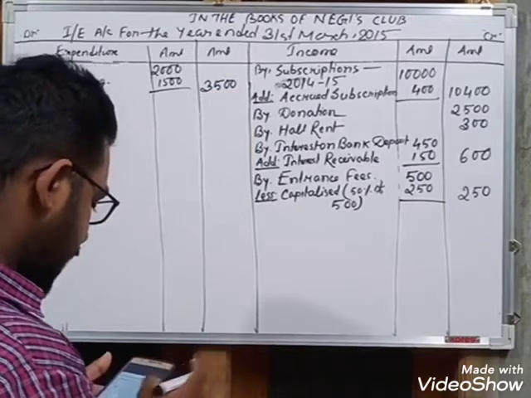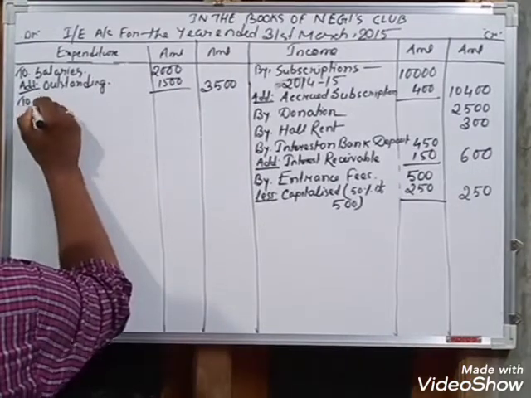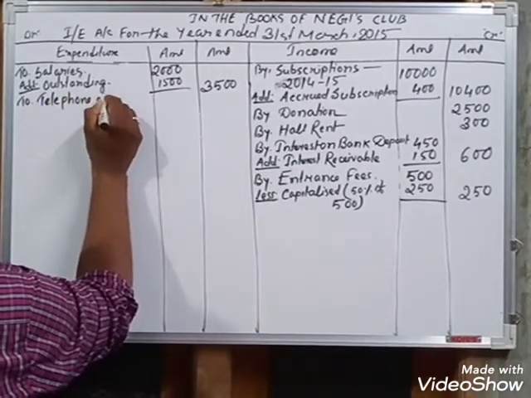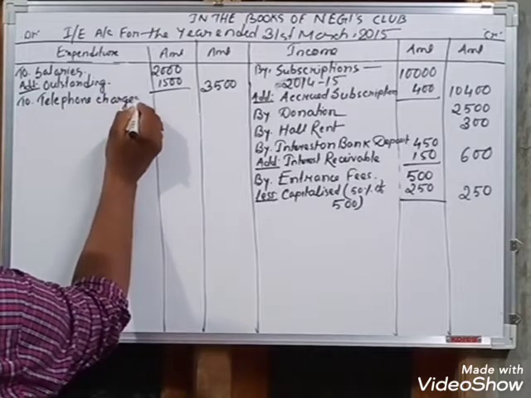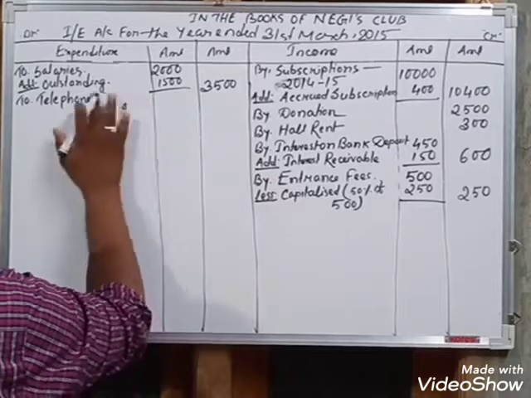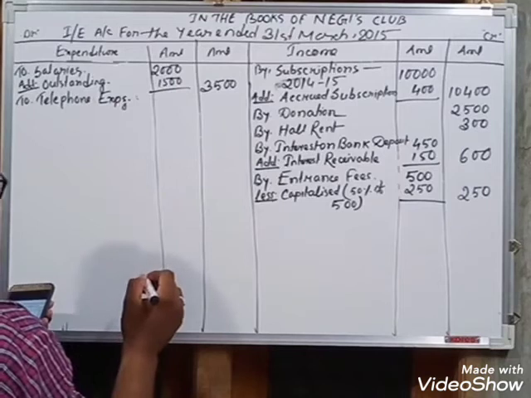Telephone expenses, electricity charges, both are expenditure. To telephone charges, or telephone expenses, the amount is rupees 300.